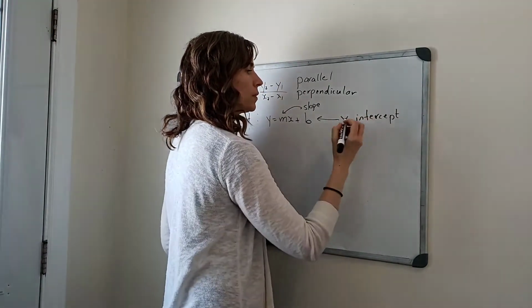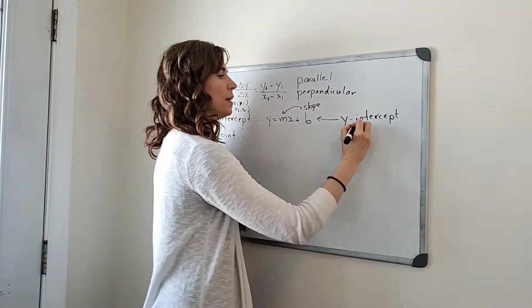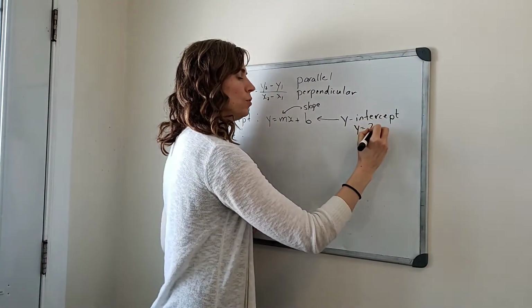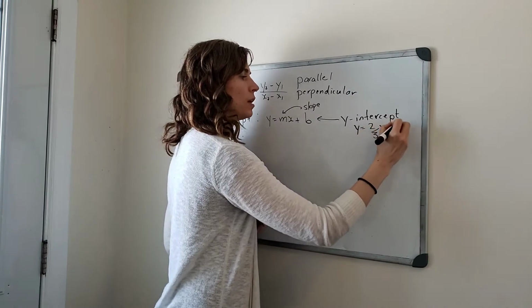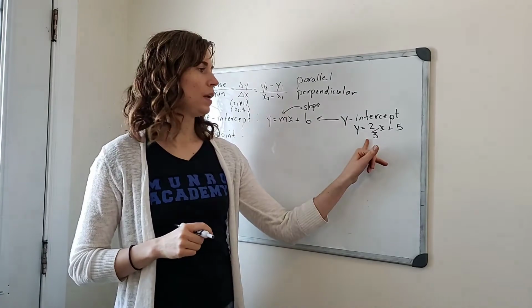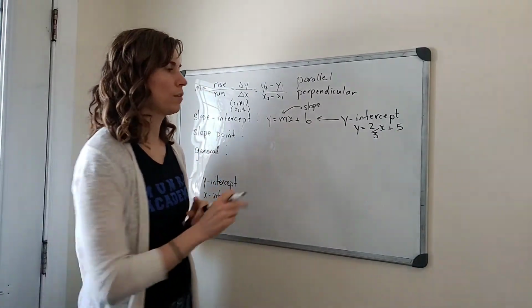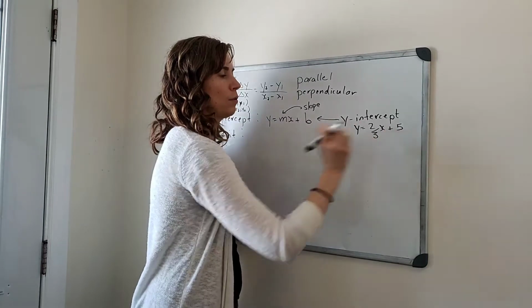Very good. So if I gave you an equation like y equals 2 over 3x plus 5, your slope would be 2 over 3, and your y-intercept would be 5. The coordinate for that would be 0, 5.